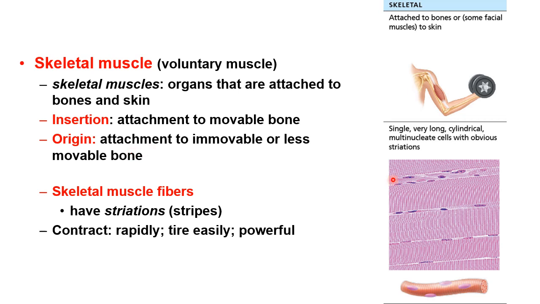Okay. So looking at the whole shape of skeletal muscle fibers, we see they have a lot of stripes, and those are formally called striations. So we have seen that before.